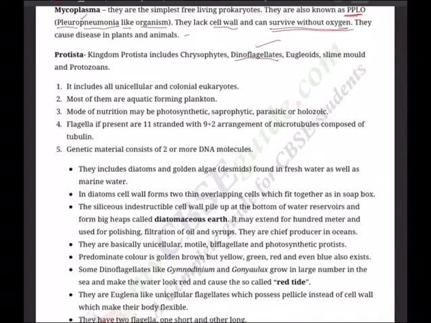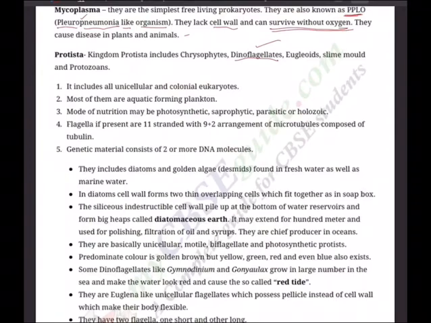We are into the revision mode and we were revising chapter number 2, biological classification, and in our previous session we were studying kingdom Monera and various groups under kingdom Monera. What are the various characteristics of that? What are the various technical words? All that we discussed.